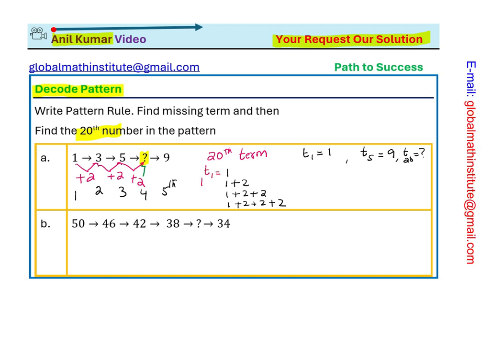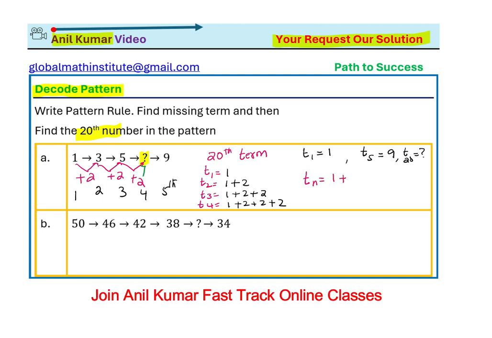In term 2, we added one 2. In term 3, we added two 2's. In term 4, we added three 2's. It means the number of 2's which we add is 1 less than the term number, right? So in Tn, we start with 1 again, and add 2's, 1 less than the term number. So we derive a formula saying Tn is 1 plus (n minus 1) times 2.